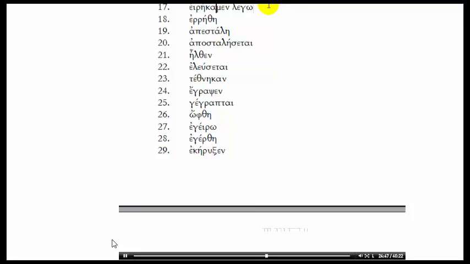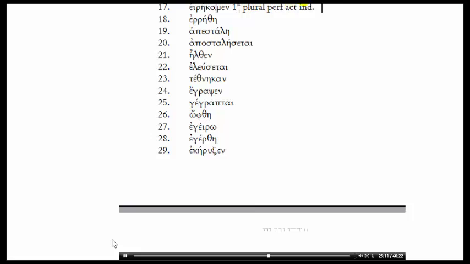Erika, erimai, erethane. Bear that form in the back of your mind because we're going to meet that in a second. But erekamen has got to be a perfect. Notice the amen ending suggests what? First plural, perfect, active, indicative.